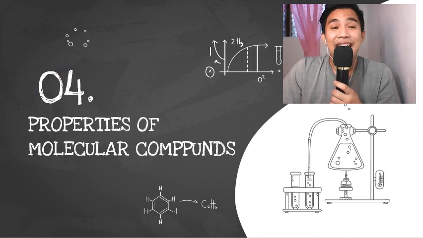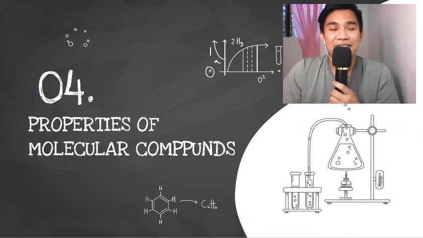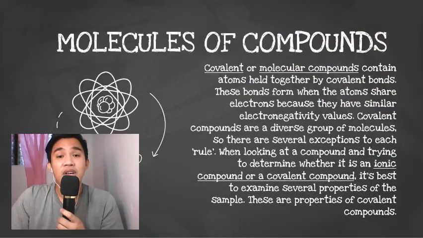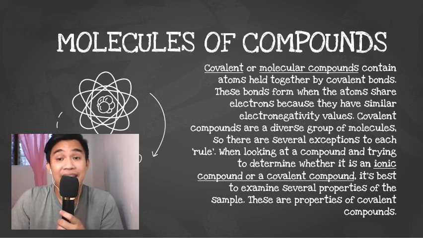Let us proceed now to the fourth topic of this discussion, and that is all about the properties of molecular compounds. Covalent or molecular compounds contain atoms held together by covalent bonds. These bonds form when the atoms share electrons because they have similar electronegativity values.